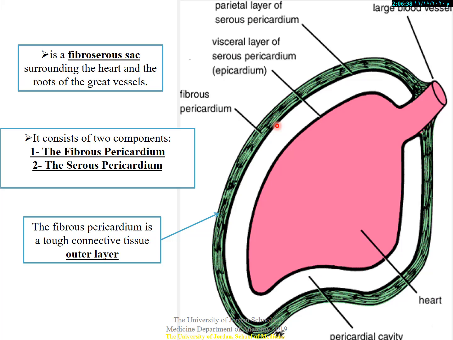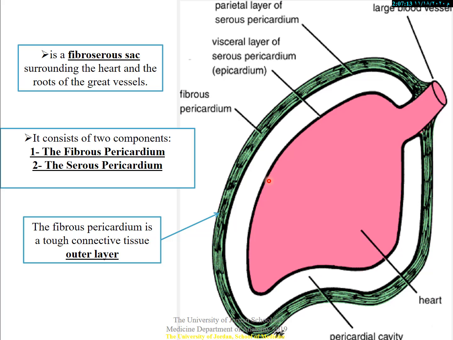The parietal gets attached to the fibrous, and therefore if you cut through the fibrous part, which you face when you open up the thoracic cavity, you would see the fibrous. If you open it, it goes without saying that you would open the one that lines it from inside, which is the parietal layer, and you would be inside the pericardial cavity.